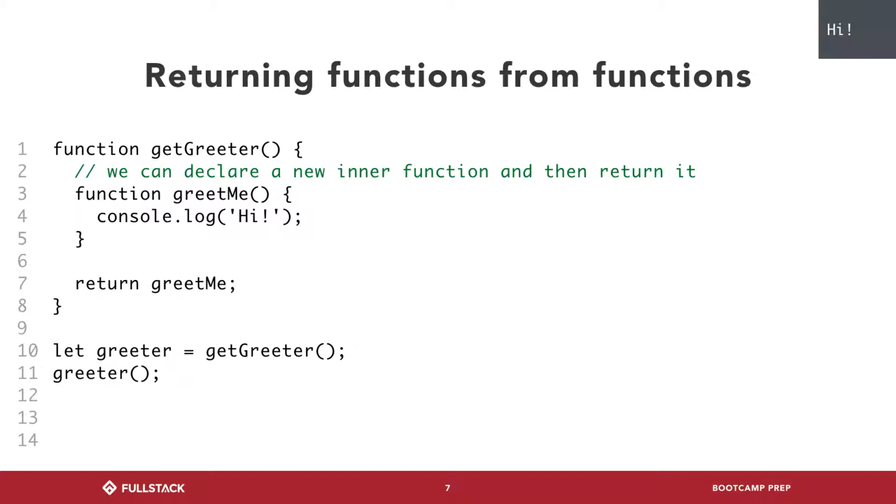And most importantly, in this case, remember, greetMe is not being run, right? If we only look at line 7, it could be anything, a number, a string, or whatever. But the important thing now is, once I know getGreeter returns greetMe, I then try to see, oh, what is greetMe? greetMe is a function, right?